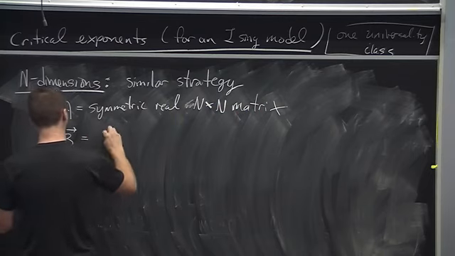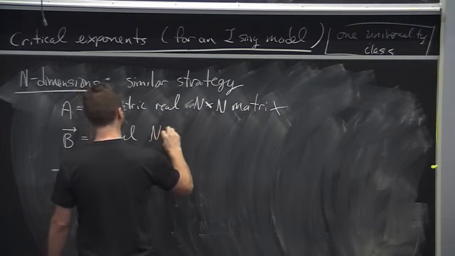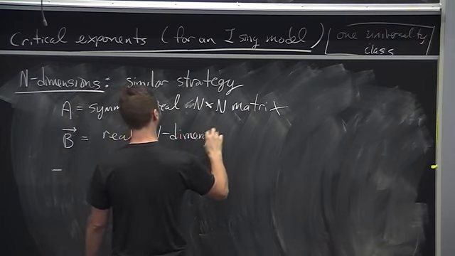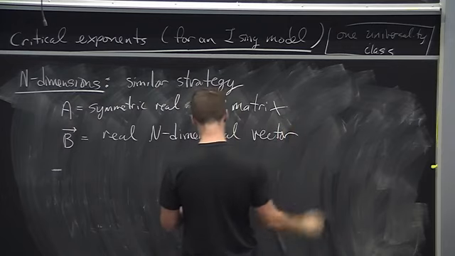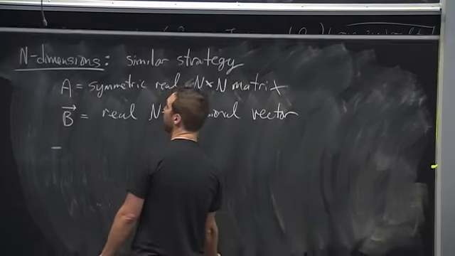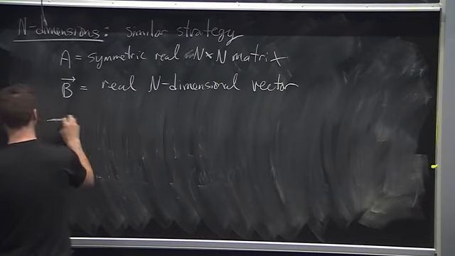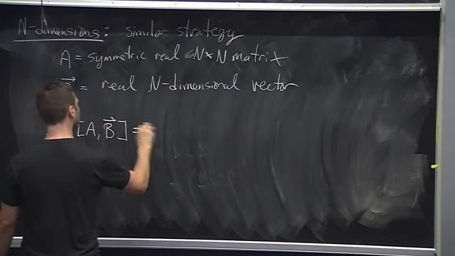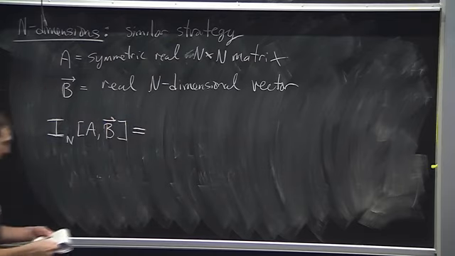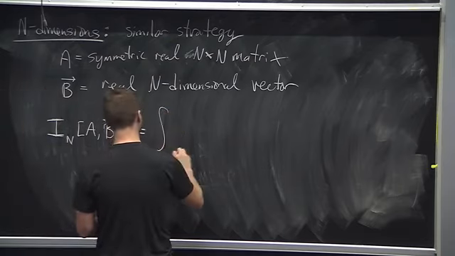It's going to be a real n-dimensional vector. And then my integral, I_n(A,B), has n variables in it.